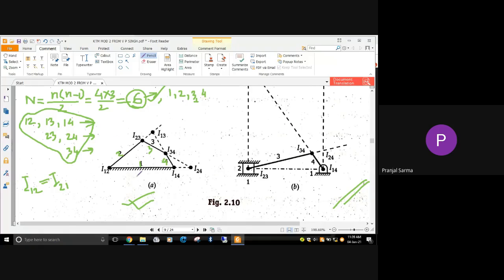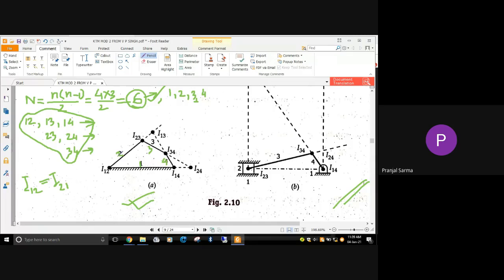So what different knowledge can we utilize? First, we can utilize the knowledge about locating the instantaneous center for different cases, like the pin joint, the sliders, etc. Similarly, there is another very important concept, the Aronhold-Kennedy theorem. So how are we going to do it?